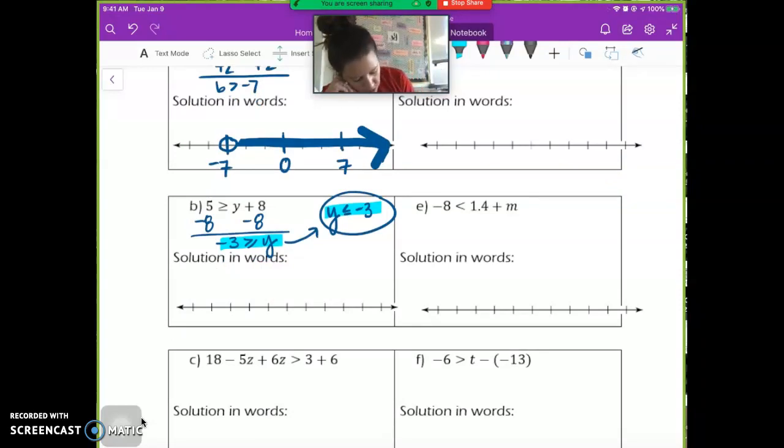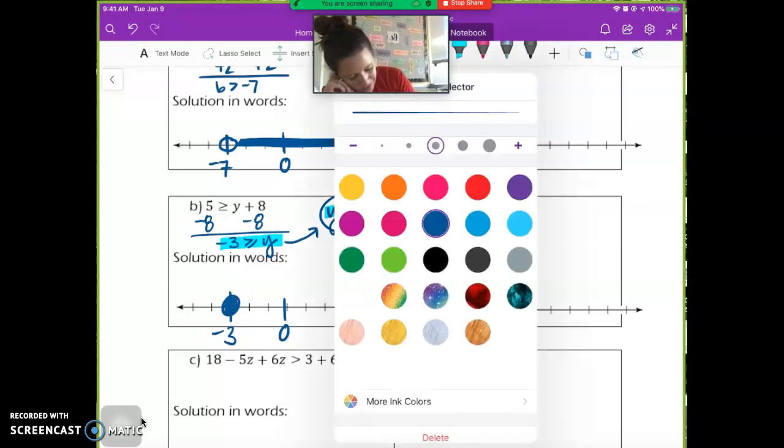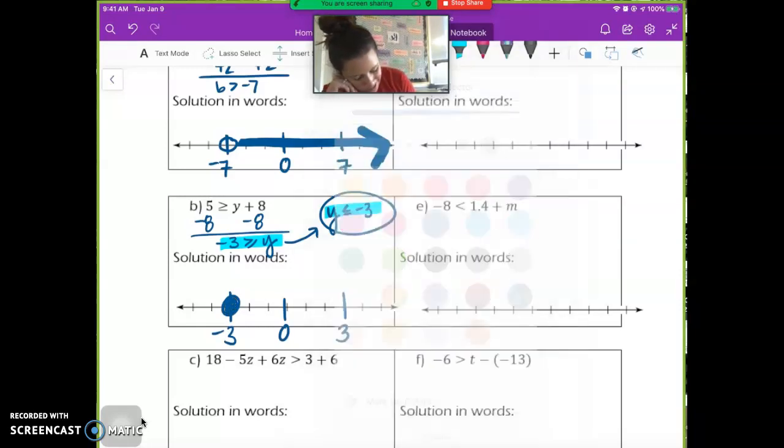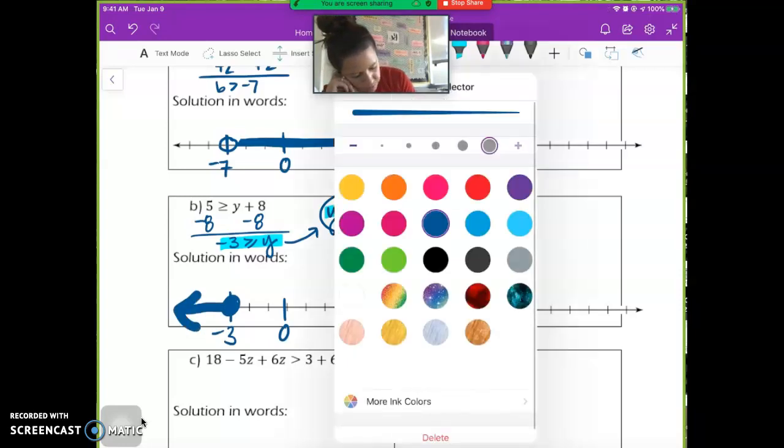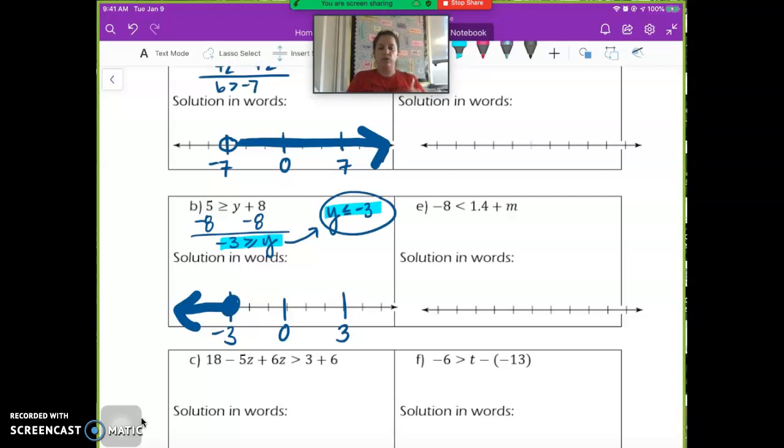So y is less than or equal to negative 3. This would be 0, positive 3, and negative 3. That one's actually equal spacing. Since it's less than or equal to, it's a closed dot. And the values that are less than or equal to negative 3 are to the left. So that is letter B.